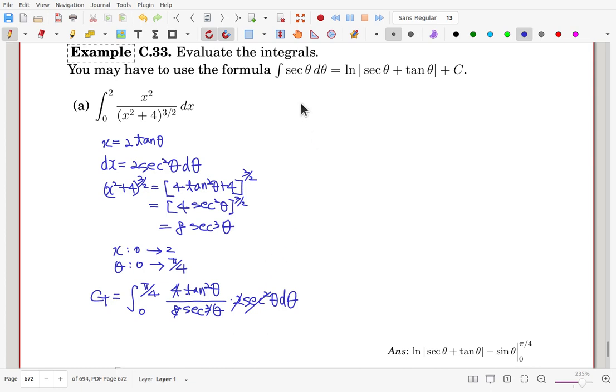So from this one now, from 0 to pi over 4, and tangent is sine over cosine. So we have sine squared theta, and here bottom cosine squared theta, but the sec theta is 1 over cosine theta. So we have now cosine theta d theta.